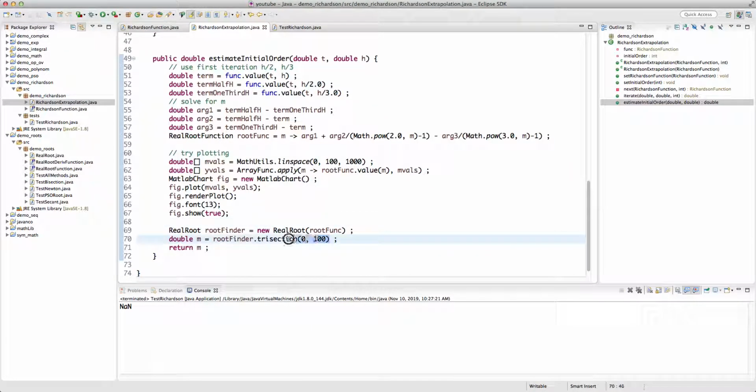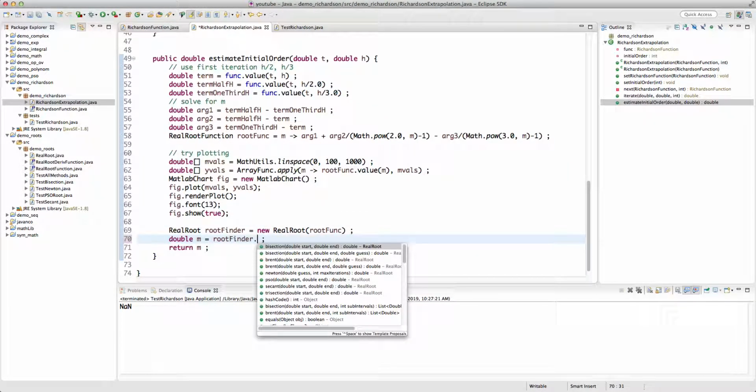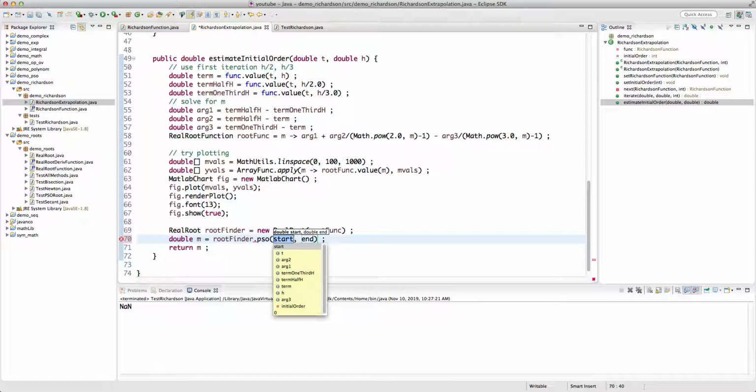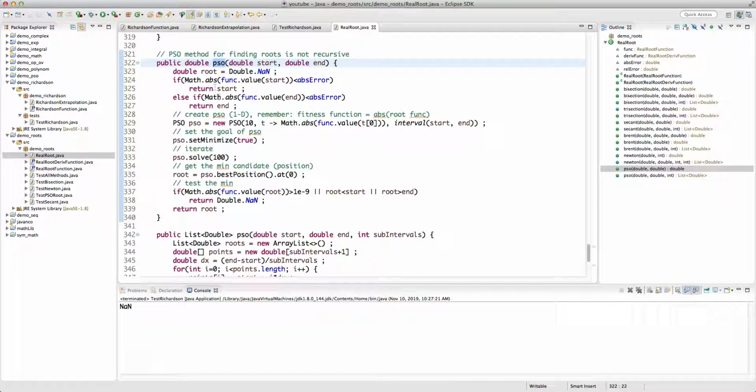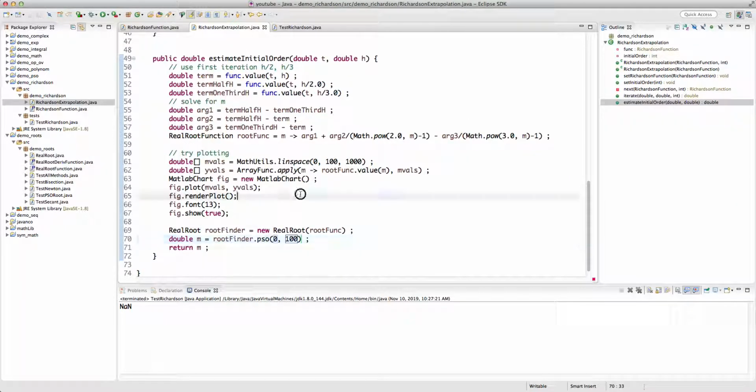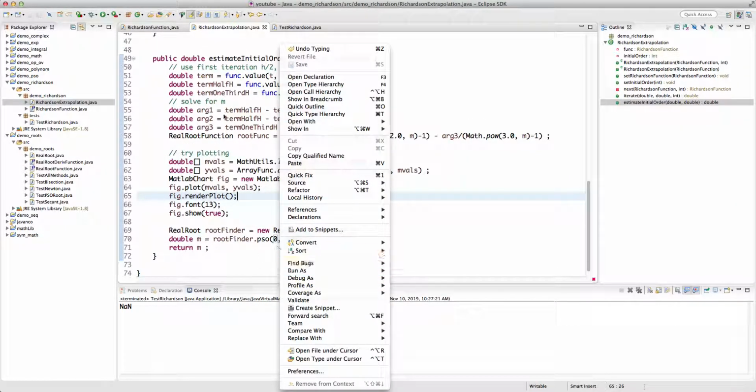Let's try another method. I'm going to use PSO. 0 to 100. Let's have a quick look at this PSO. We create a PSO, set minimize true, solve for 100, and then best position at, okay, so let's try PSO. Root finding based on the PSO.